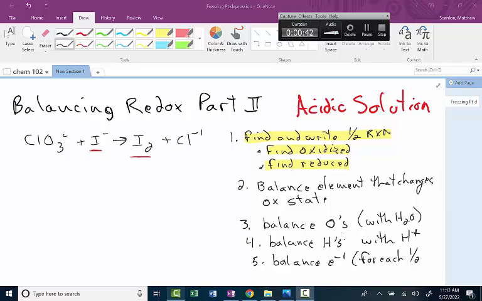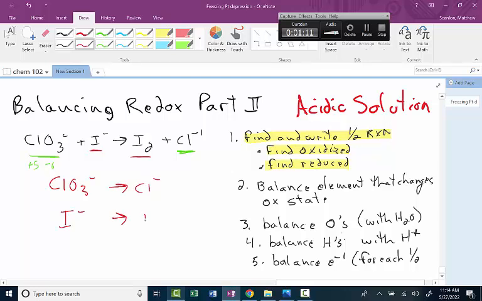The chlorine over here, this is minus oxygen total is -6, so this chlorine must be +5. So those are the things that are oxidized and reduced. So I write those half reactions: ClO3 minus going to Cl minus, and I minus going to I2. Okay, that's the first step.